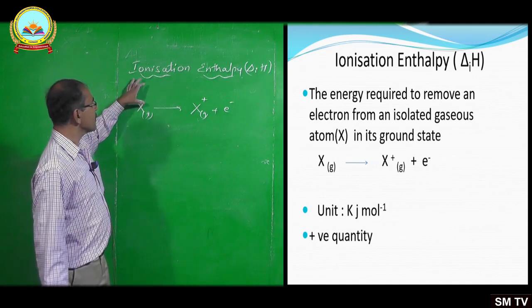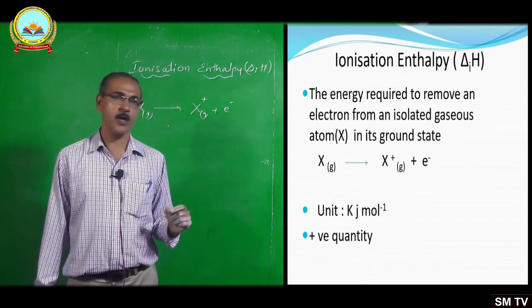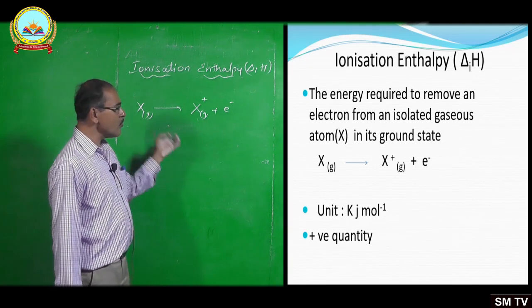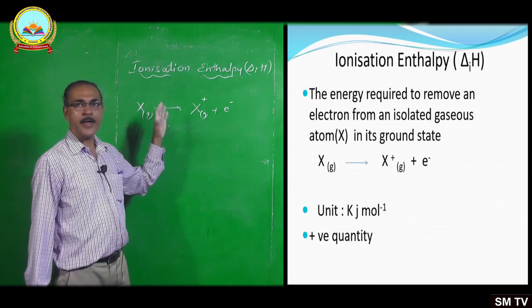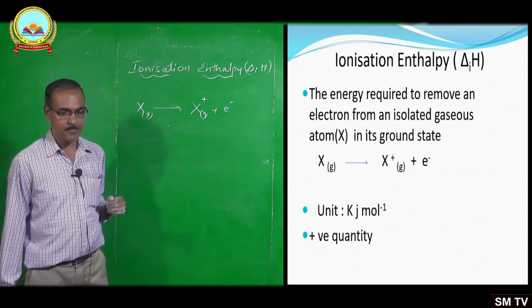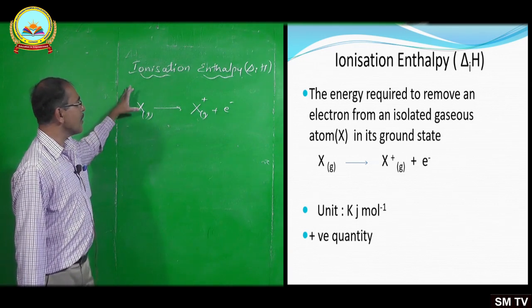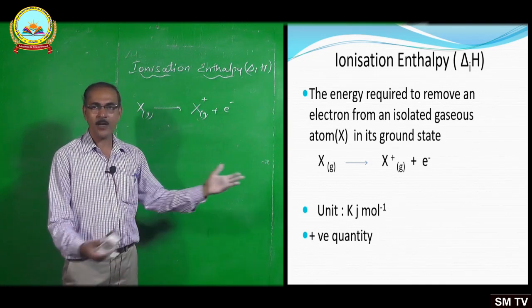Now, what is ionization enthalpy? Ionization enthalpy means the energy required to remove an electron from an isolated gaseous neutral atom. Listen carefully. It is the energy required; we cannot say enthalpy change.